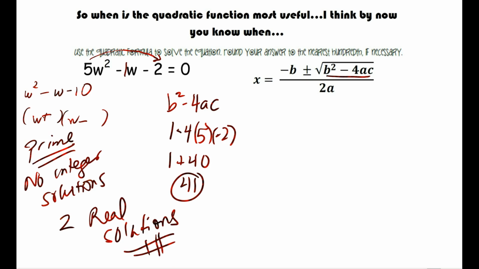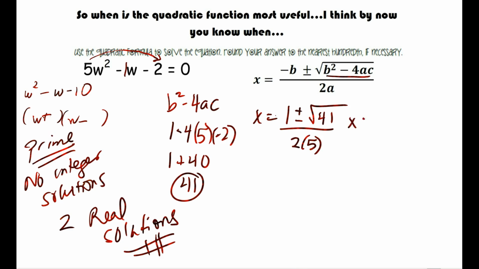Okay? So when I look at this, I end up saying, hey, you know what? I have 2 real solutions, so I need to go on and finish using the quadratic equation. Negative b, which is 1, plus or minus square root, b squared minus 4ac. I already found that, Mr. O'Neill. It's 41 all over 2 times a, which is 5.